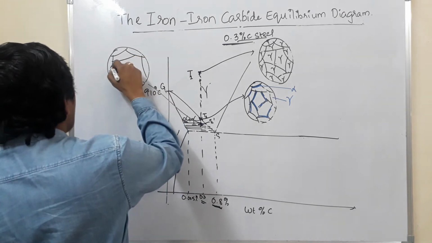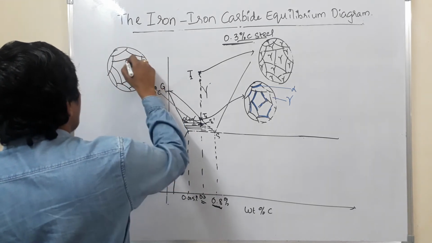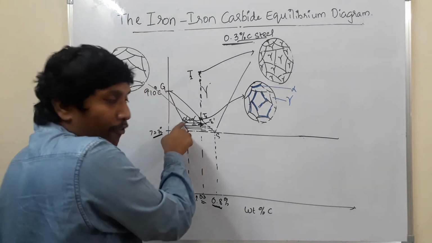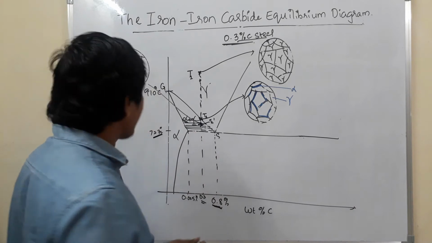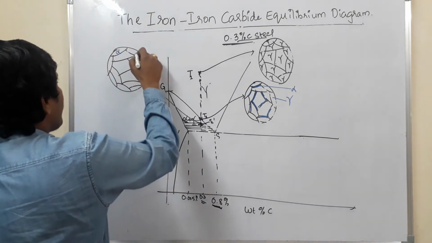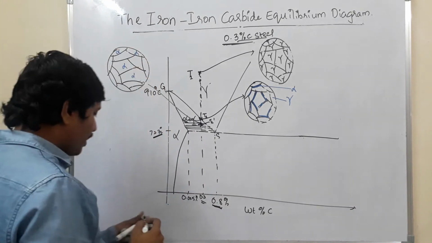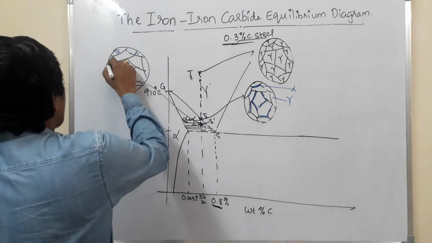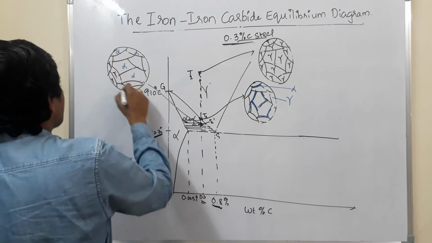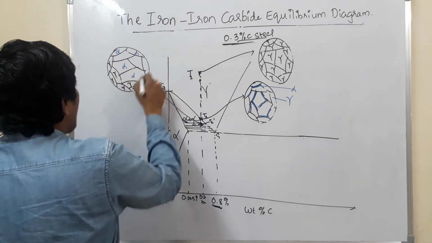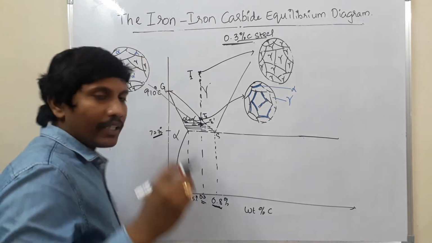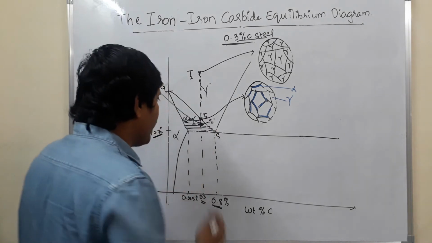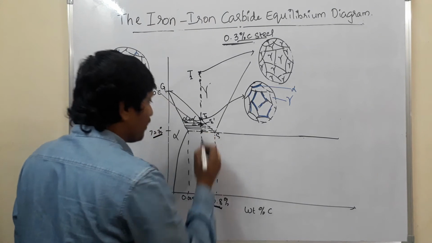Please see over here: it contains alpha ferrite, that is pro-eutectoid ferrite, and it contains gamma solid solution, that is austenite.